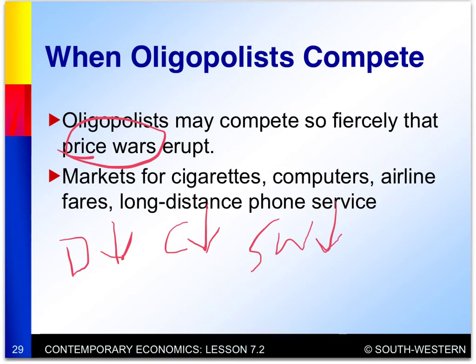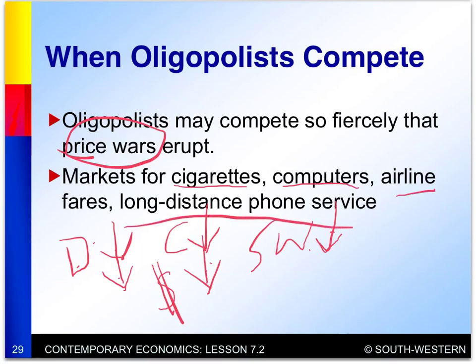Continental, I've got to lower mine even more now. And then the price gets too low, and now Continental starts losing tons of money. It can be really hurtful for all the companies. And again, cigarettes, computers, airlines, long-distance phone, these are all industries that are ballistic.